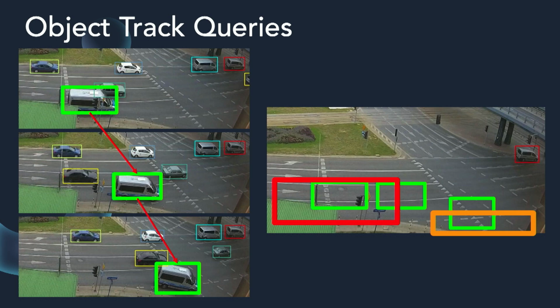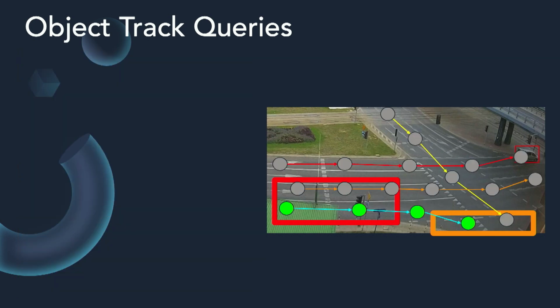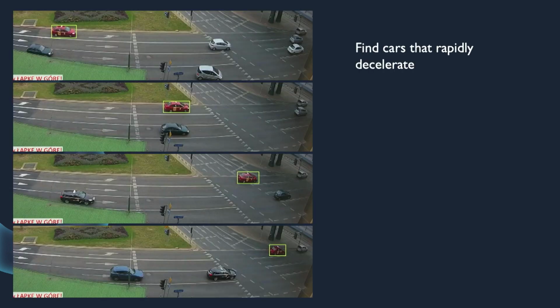My query now looks like a bounding box, where I say, tell me all the instances of objects that pass through these 2 bounding boxes in sequence, red, then orange. This will allow me to find vehicles making turns. And then what the system will return is all of the instances of these paths that travel through these kinds of bounding boxes.